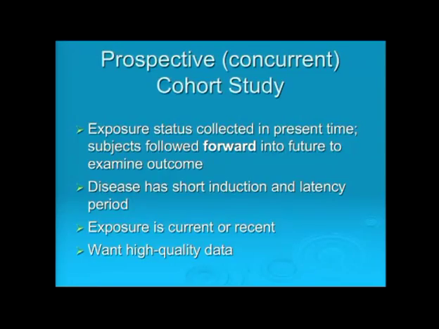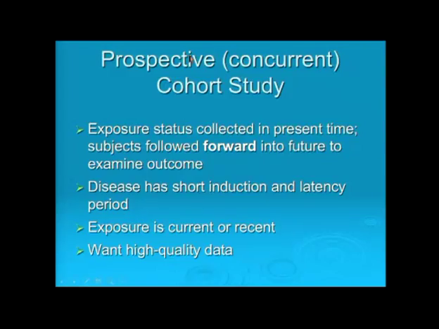So I think that's a reasonable scenario in which you might do a prospective cohort study. But when you're talking about many of our chronic diseases, cardiovascular disease, cancer, you're talking about diseases that have a long latency period, and it makes it hard to do this kind of study.